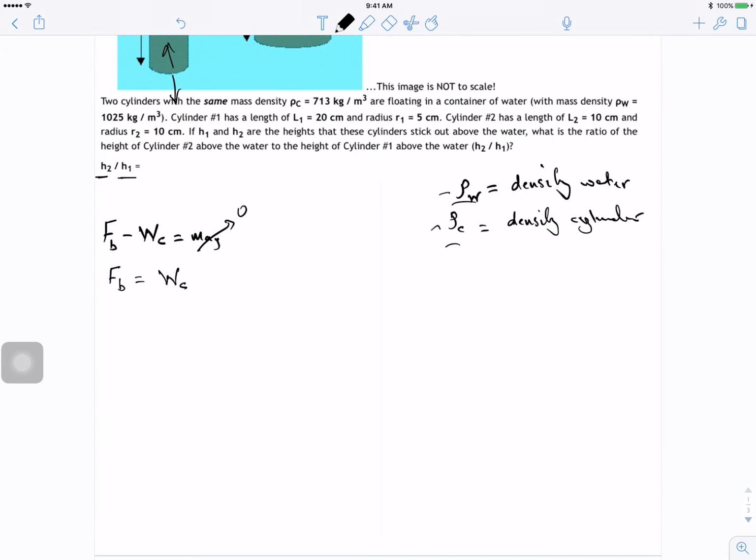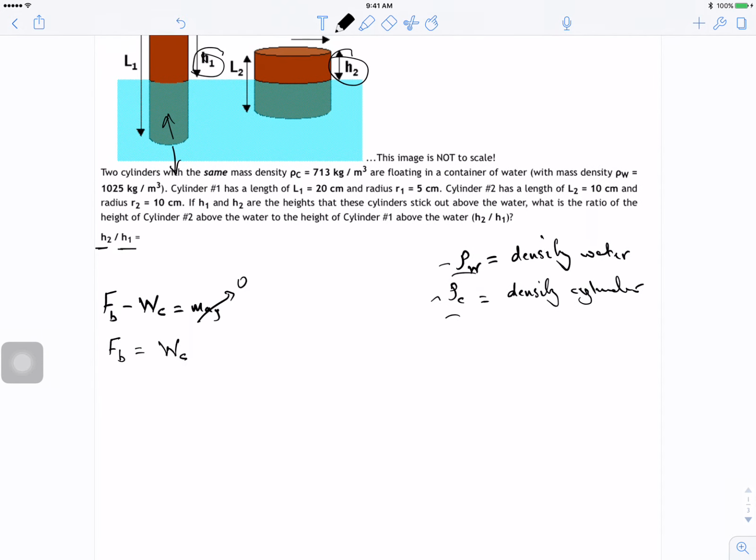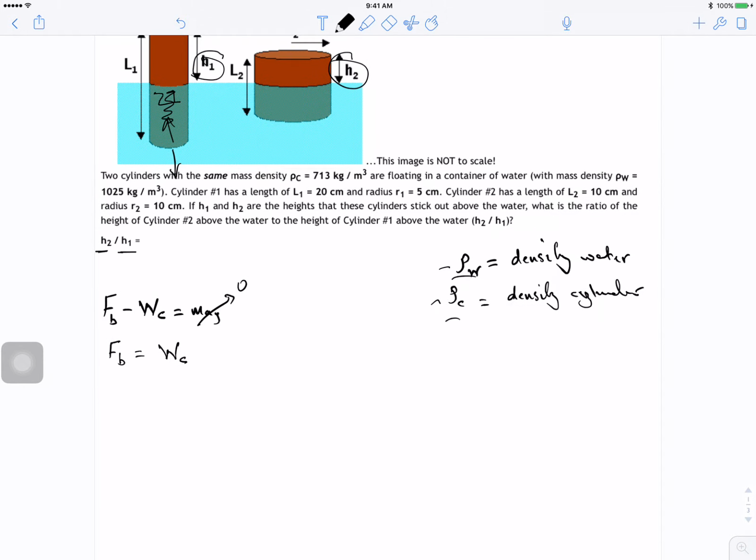So what is a buoyant force? Buoyant force is just the weight of the displaced fluid. So what's the weight of the displaced fluid? It's just what is inside of this cylinder right here.